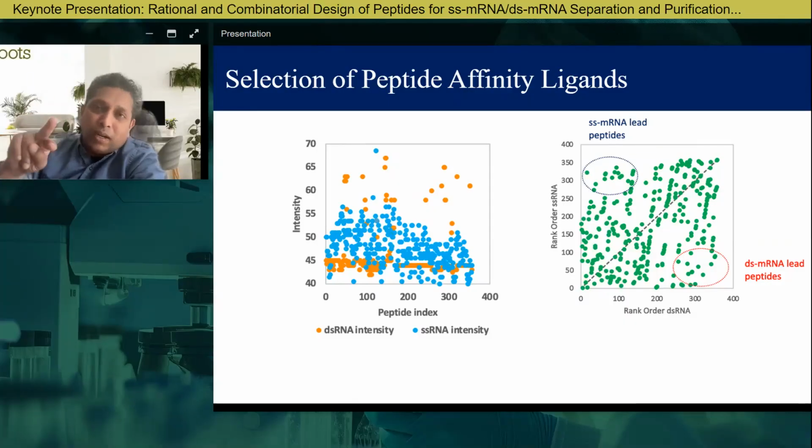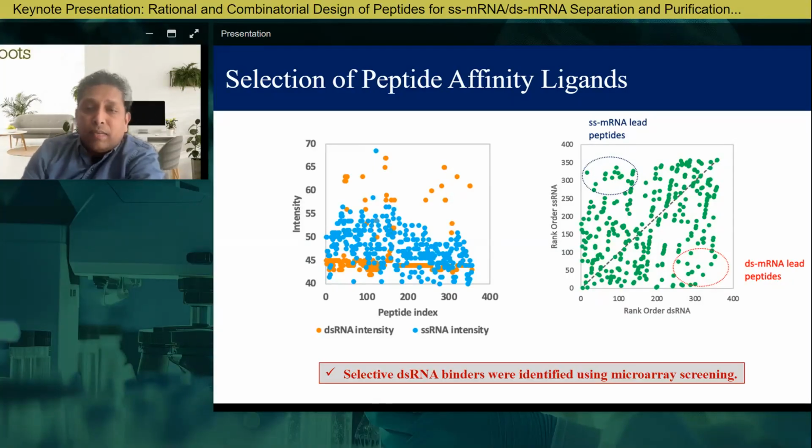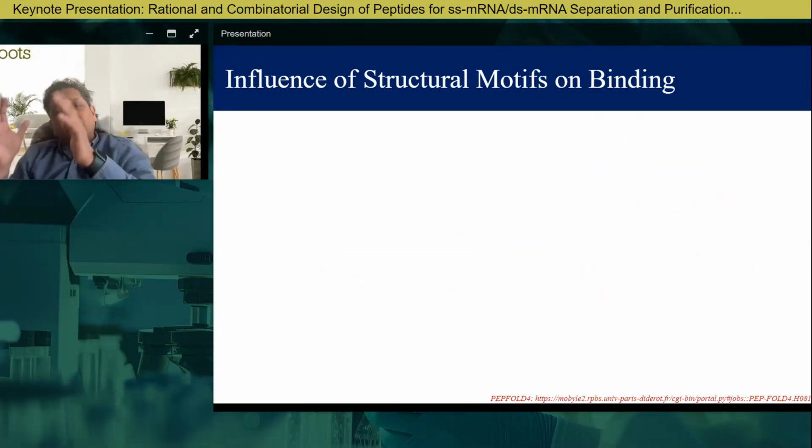And so you can think of a different process where instead of trying to capture the impurity, you're actually trying to capture the product. And in that case, these would become relevant. So we could go either way, but I'm again going to focus on using the double-stranded RNA specific peptides as ligands for this work.